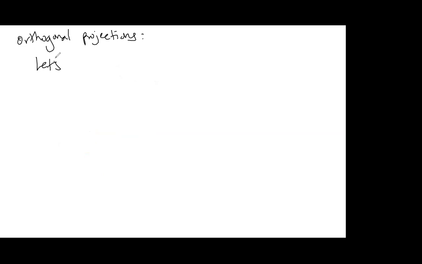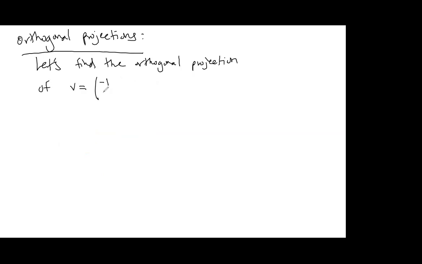Let's find the orthogonal projection of V equals -1, -2 onto W, which is the span of, we'll do a one-dimensional space.